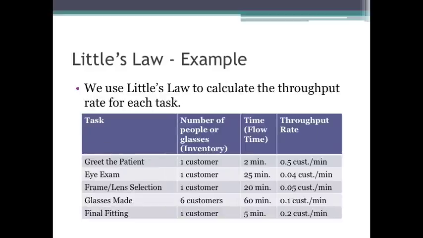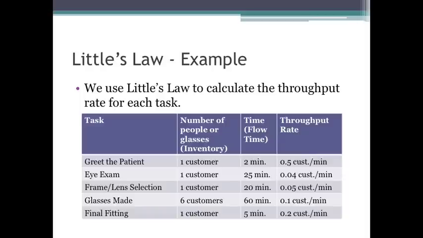So, the first thing we do, we use Little's Law. We have inventory, we have flow time, so we calculate a throughput rate. So, for the greet the patient step, we're able to work on one customer at a time. Takes 2 minutes. 1 divided by 2 equals 0.5 customers a minute.